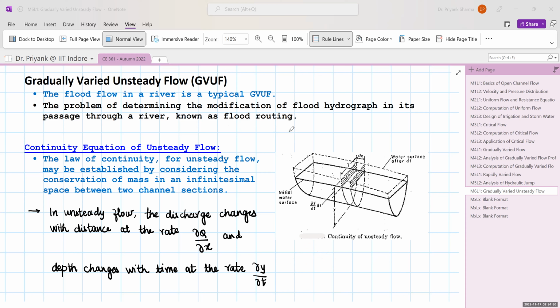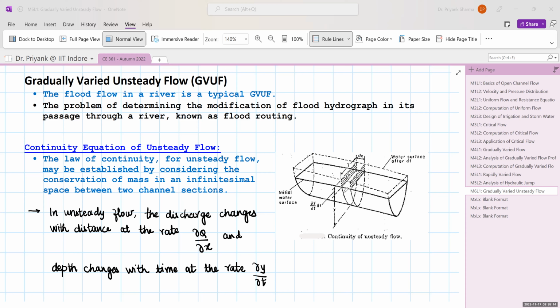So the continuity equation of unsteady flow. The continuity equation is established by the law of conservation of mass. In this, we consider two channel sections separated by an infinitely small distance delta x. This elemental strip has area dA, which will be T into dy.